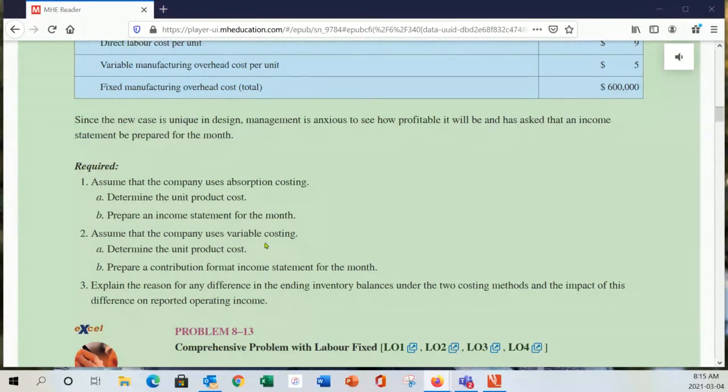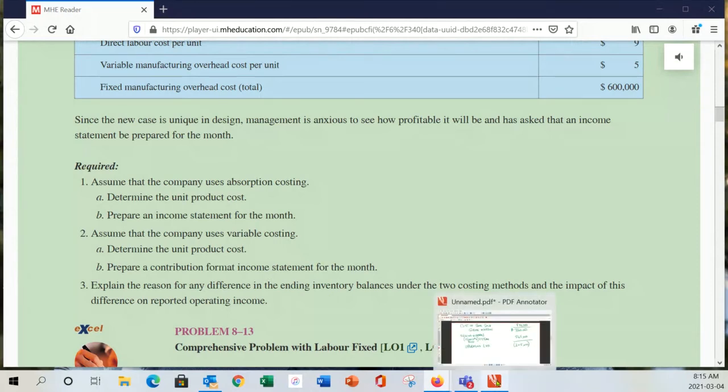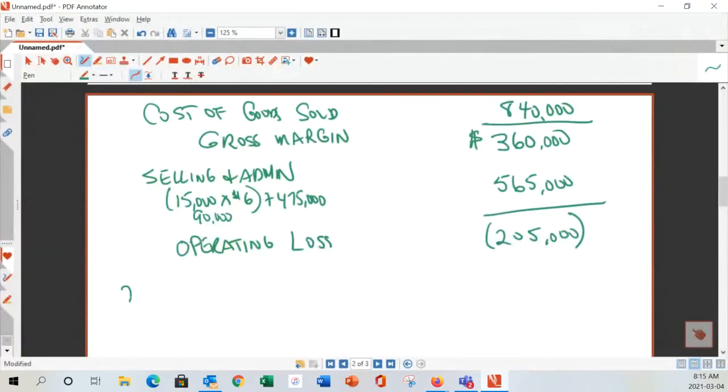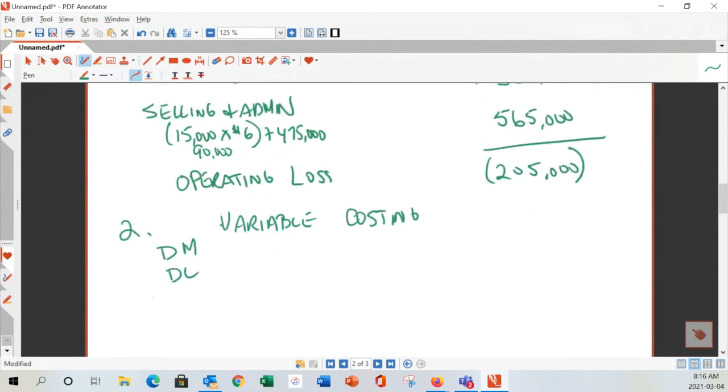So now we're going to switch gears. We're going to do variable costing, and we're going to prepare a contribution format income statement, aka variable costing. Okay. So we've got a lot of this already. So our variable costing: direct material, direct labor, and variable overhead for manufacturing, that is.